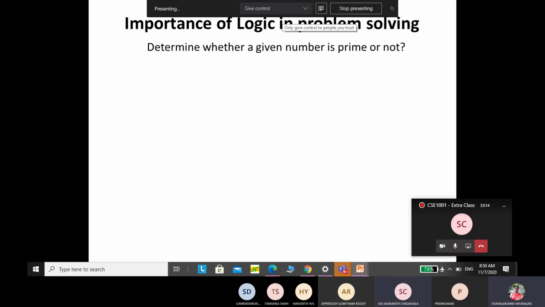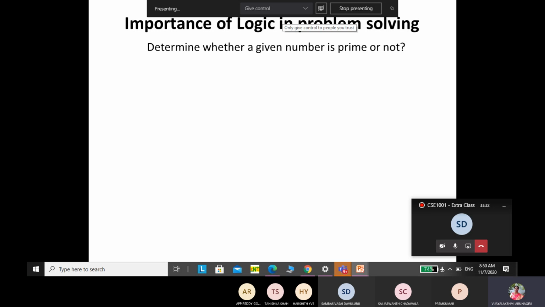We should take the input as n, and then divide that n by 2 to n minus 1. If the remainder is 0, then it is not prime. If not, it is prime.